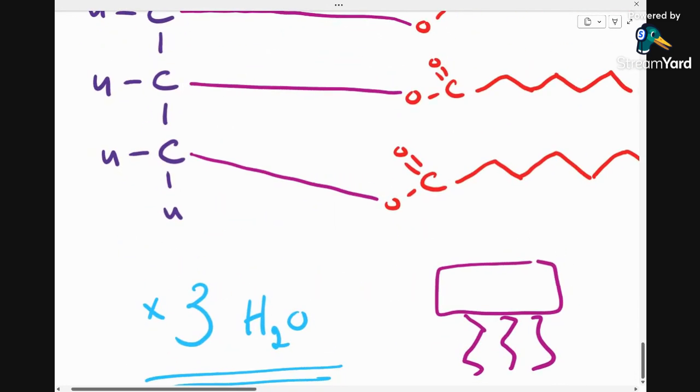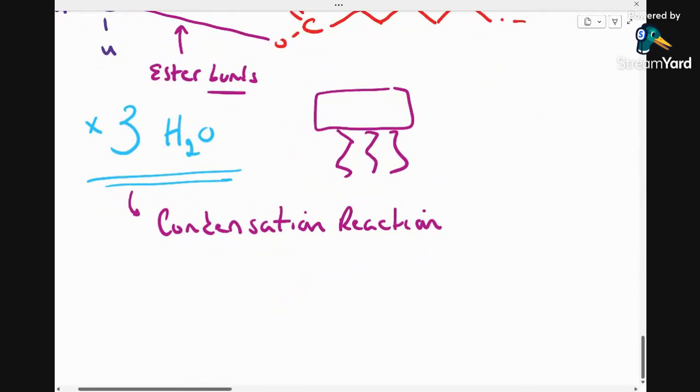So these in purple here are ester bonds. So we don't just say for lipids that it's a condensation reaction, we actually say it is an example of a specific type of condensation reaction known as esterification.